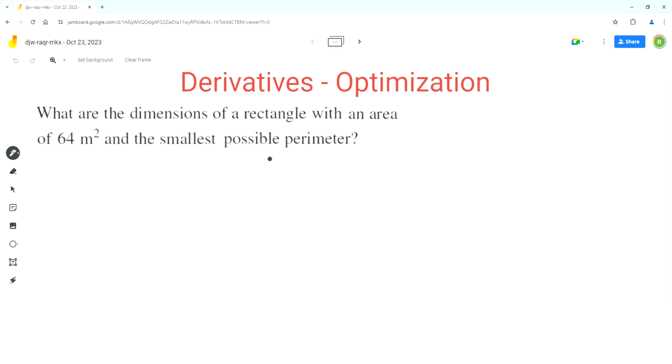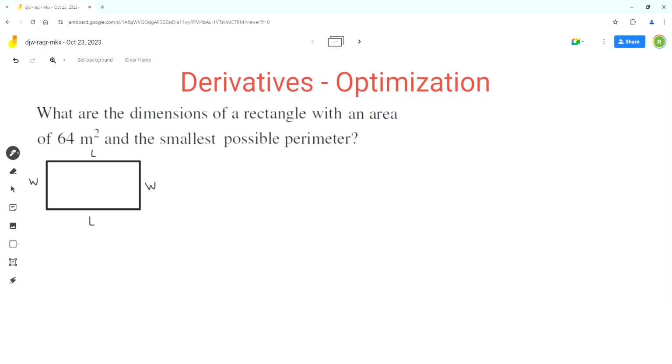So the first step is to draw a rectangle. Let's assume the length of this rectangle is L, the width is W. As per the problem, the area of this rectangle is 64 meters square.